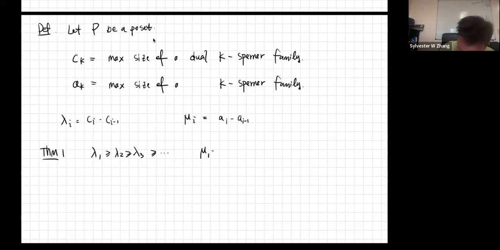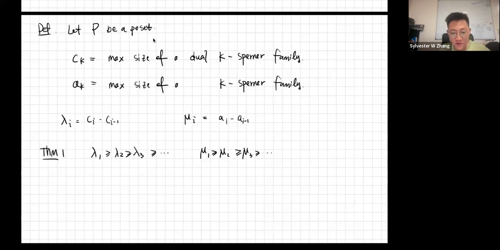Similarly, the numbers we get from the differences of the A_i's are also weakly decreasing. It is highly non-trivial, and the proof is also not very easy.